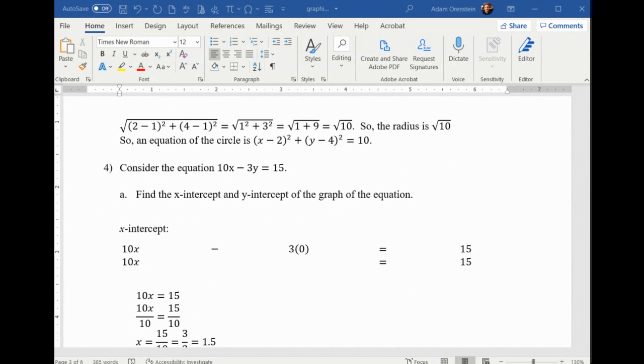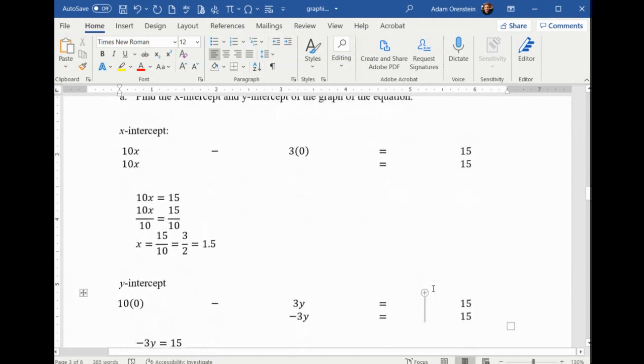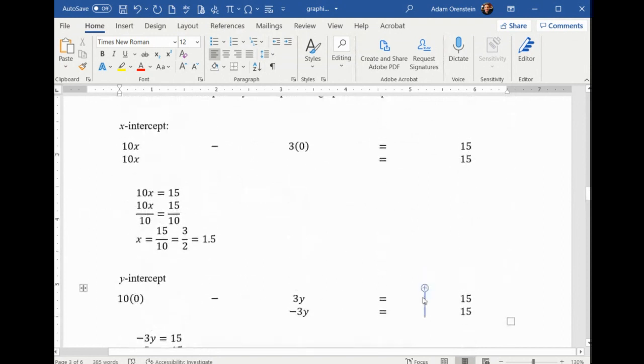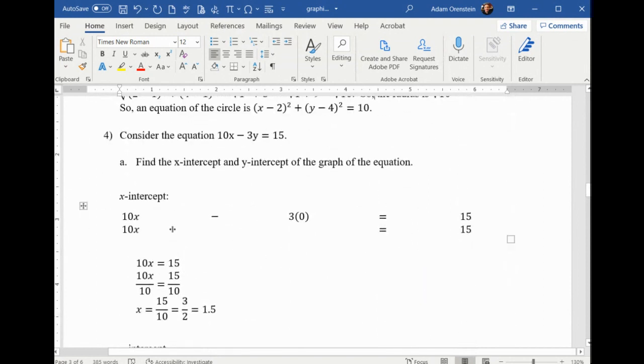We're going to find the x and the y-intercept of this equation. It's really just like what I did in the lecture slides. Namely, for the x-intercept, we set y to be 0, and we solve for x.